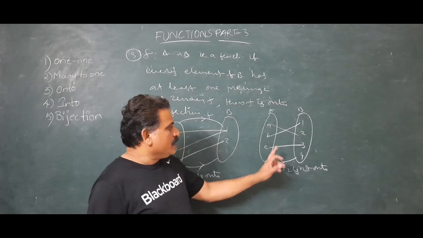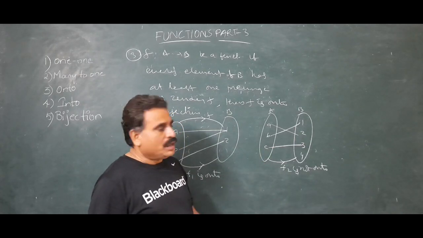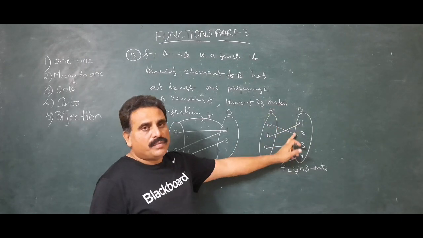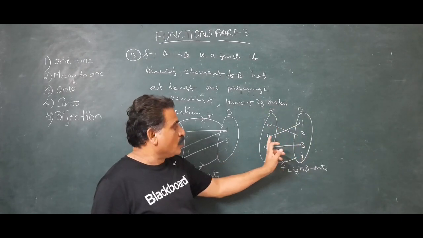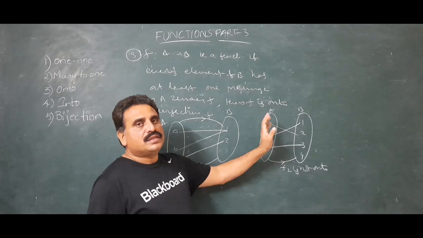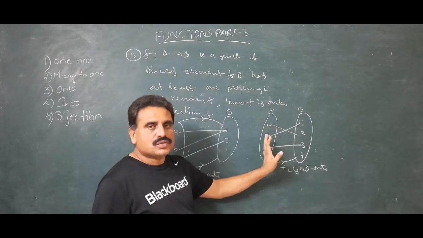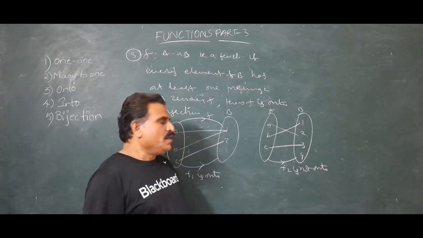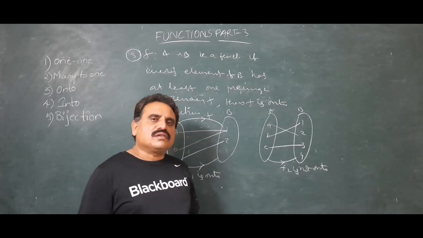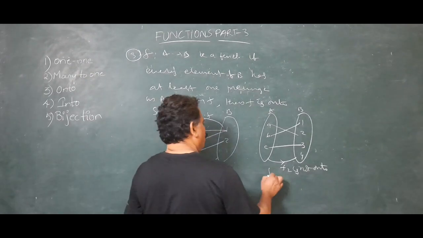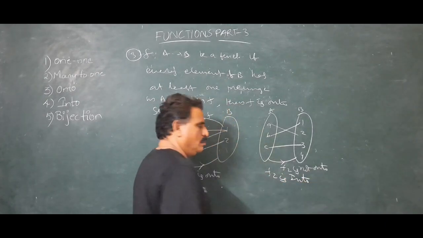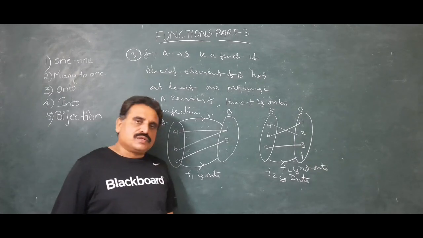So here it is not onto because 4 has no pre-image. If every element in B has at least one pre-image in A, then that is an onto function. If it is not onto, that is called an into function. f2 is an into function.